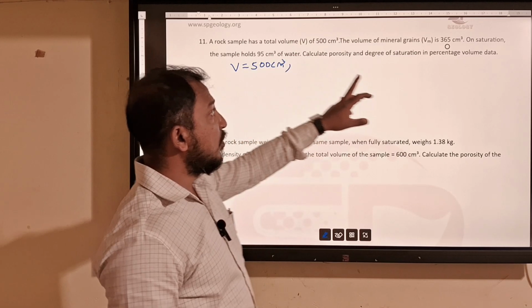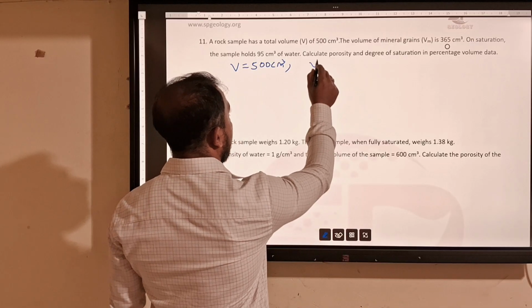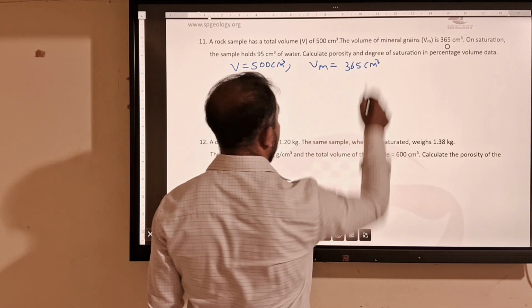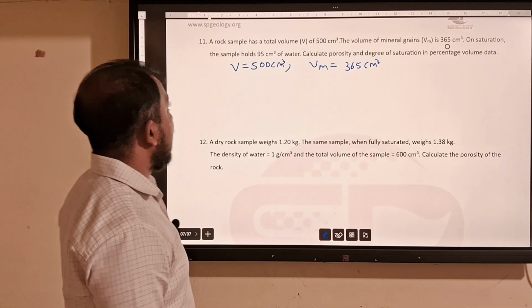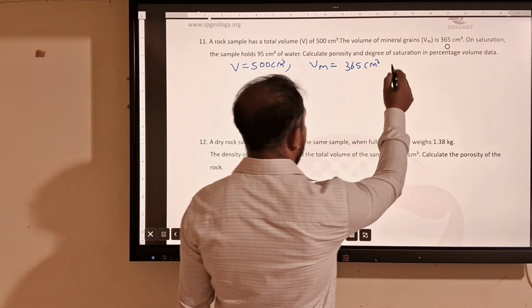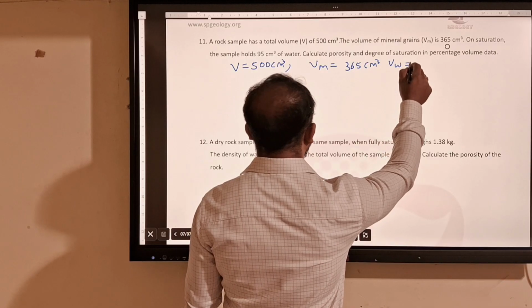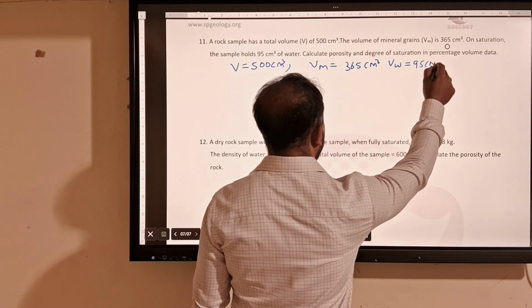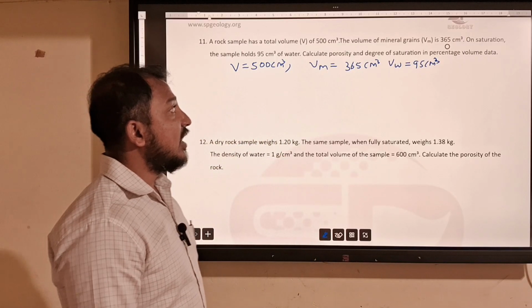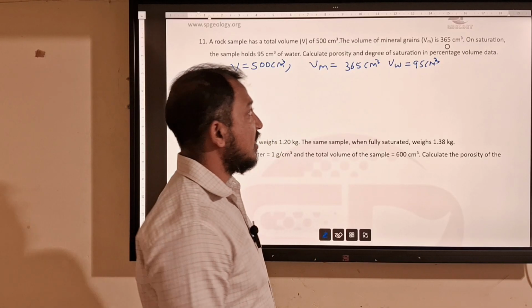The volume of mineral grains is given as 365 centimeter cube. On saturation, the sample holds 95 centimeter cube of water. That means the volume of water in saturated condition is given as 95 centimeter cube. Calculate the porosity and degree of saturation in percentage.